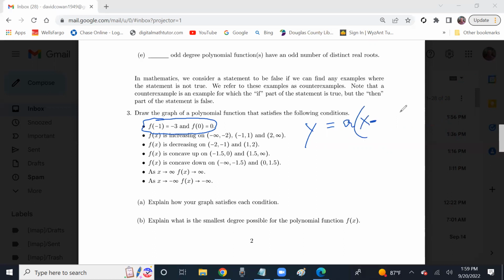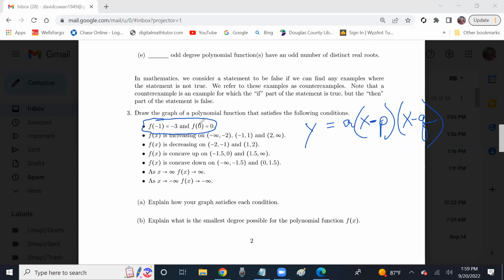There's 3 formats for quadratics. P and Q. And this would be the X-Intercept form, where P and Q are the X-intercepts.